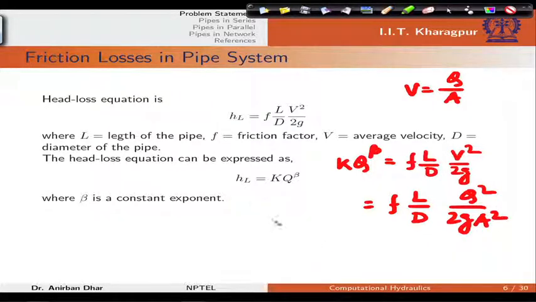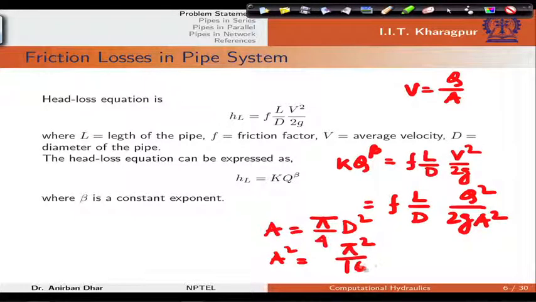Now, in A square, this is pi by 4 D square. Now, A square in this case is pi square by 16 D to the power 4.